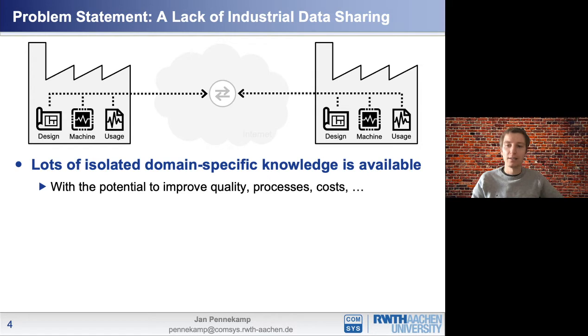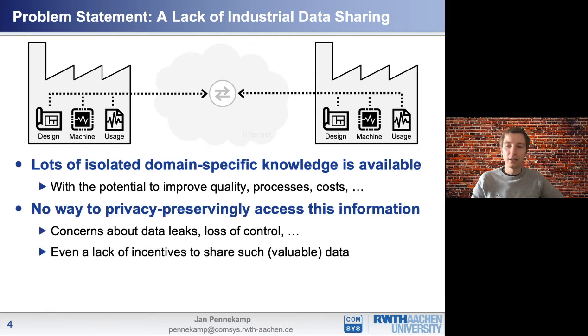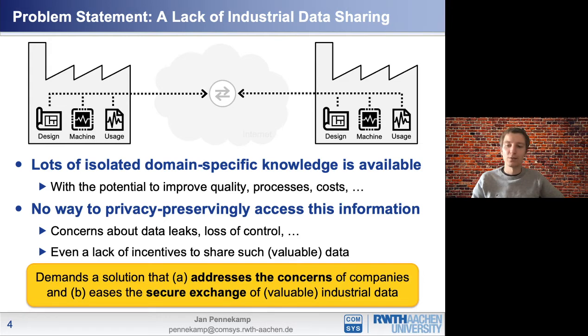Now, what we need is a way to exchange this information. Currently, there is no privacy-preserving way to do this, and therefore companies have concerns about participating and potentially even lack incentives to do so. So we require a solution that addresses these needs and is secure at the same time.